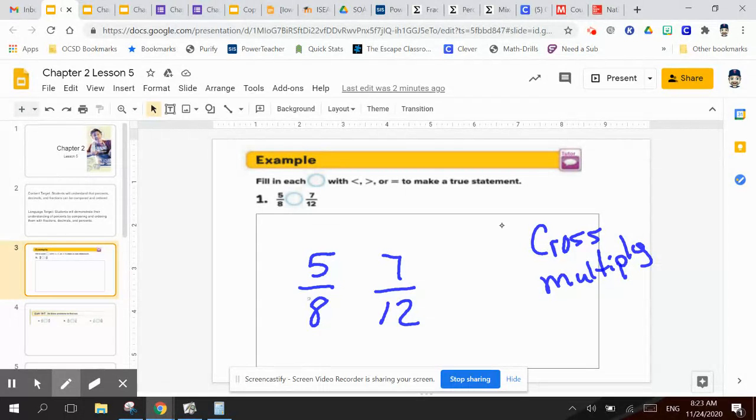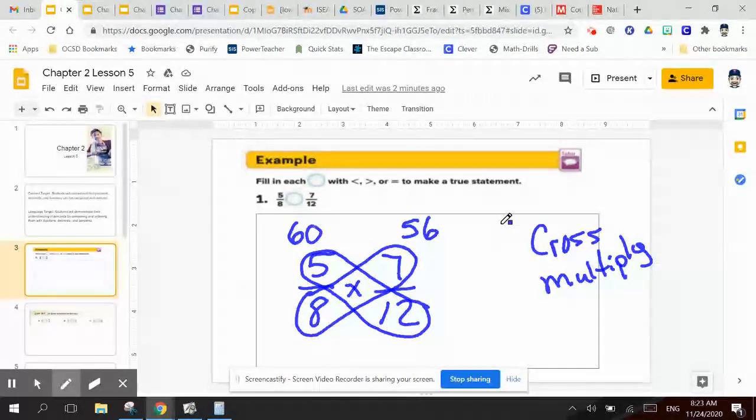So I'm going to multiply the opposite denominator times the opposite numerator. So 8 times 7 is 56. I'm going to multiply 12 times 5 and write that above the opposite numerator, which is 60. Then I can compare these two numbers up top.